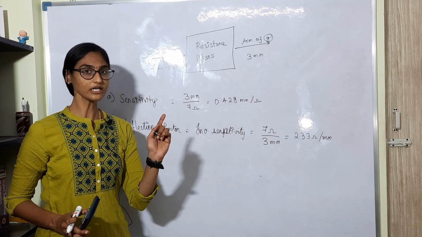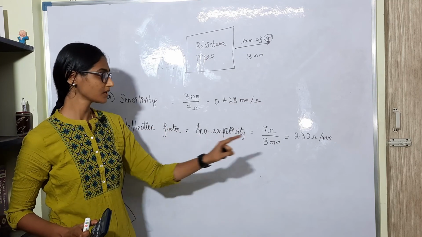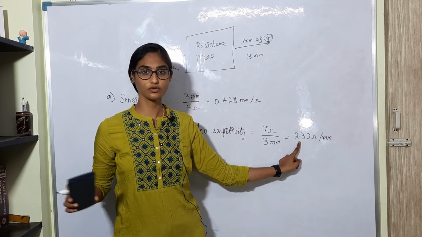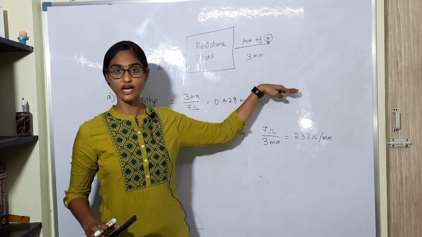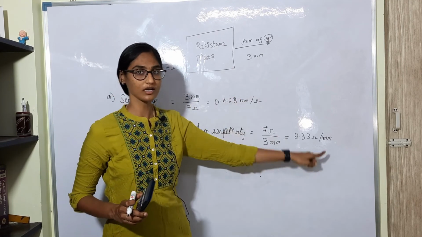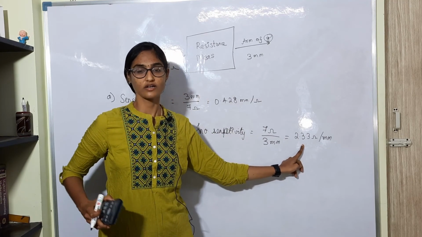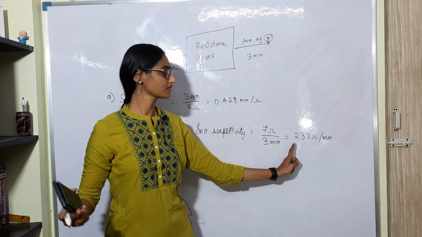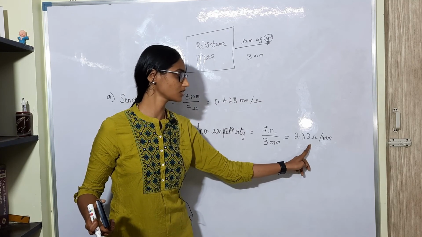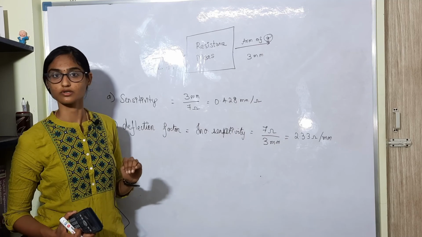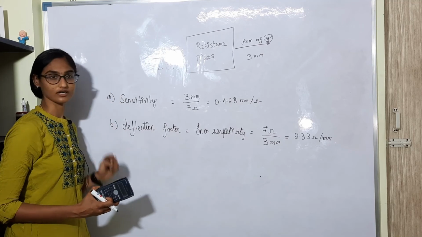So if the pointer moves by 1 mm, it means that 2.33 ohm is added to the resistance. When the arm of the galvanometer moves by 1 mm, then the resistance is 2.33 ohm. If the arm moves by 2 mm, then you can find out 2.33 ohm into 2, which is the resistance that is applied at the input. So this is deflection factor.